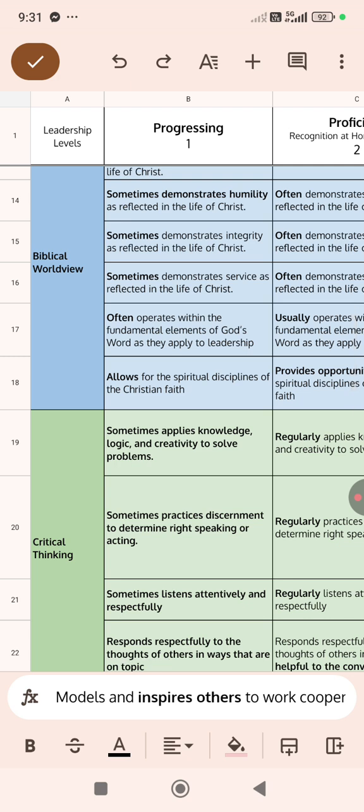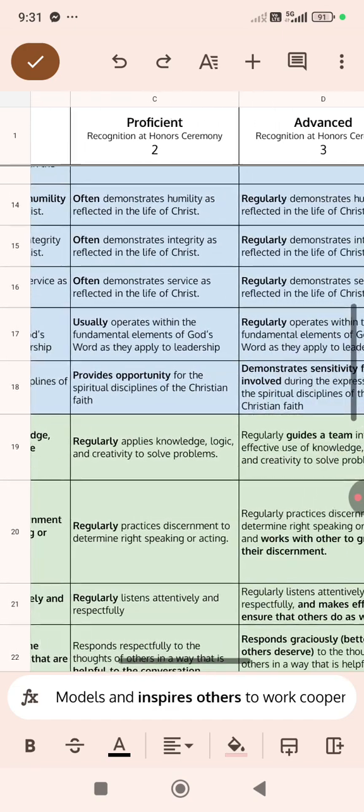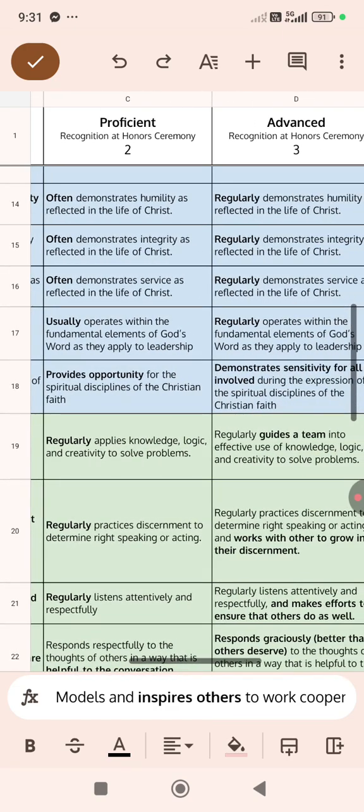Biblical worldview: sometimes demonstrates service reflected in the life of Christ. So do you sometimes sacrifice for others, slow down for children? Do you go looking for people to help, village to village, or student group to student group, class to class? Is that like you? Do you often do those kind of things? Do you take what you have in abundance, which Jesus had miracles and wisdom, and do you share them with others often?